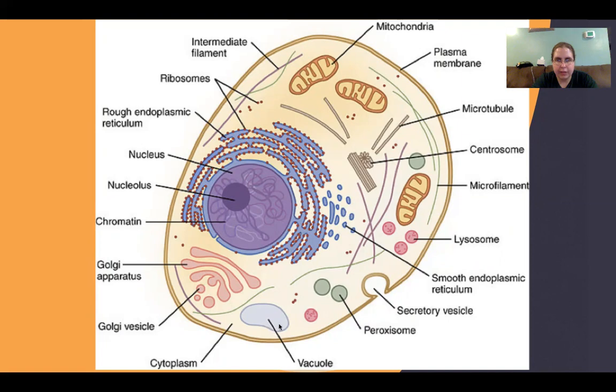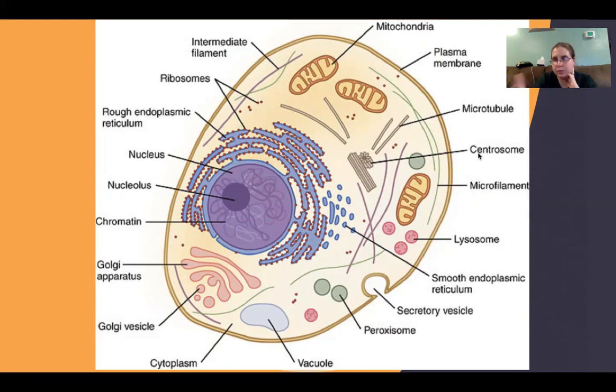We have vacuoles. These are the lysosomes. And the peroxisomes, we mentioned these, they weren't in the notes. They're very similar to the lysosome, except instead of using enzymes to break apart material, they use hydrogen peroxide. So we have the mitochondria. We have centrosomes, they call them, also known as centrioles.